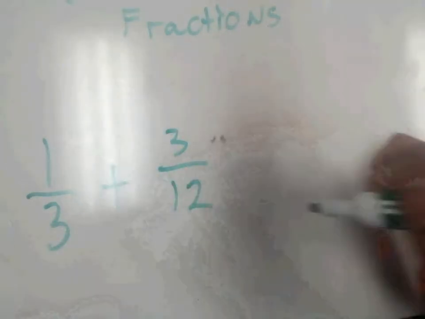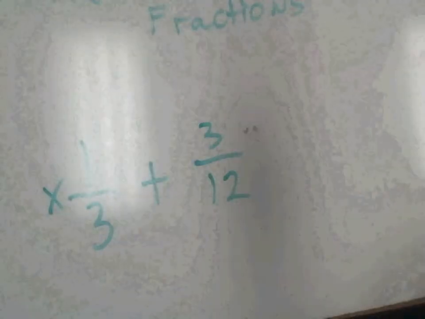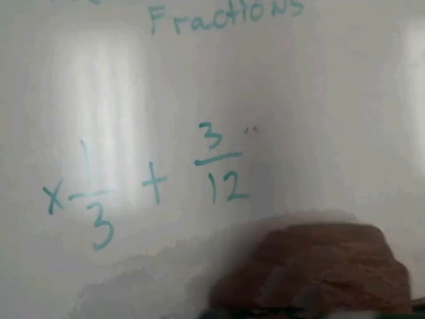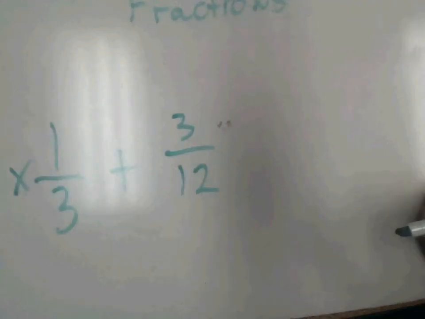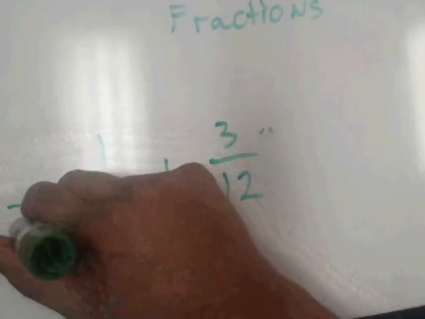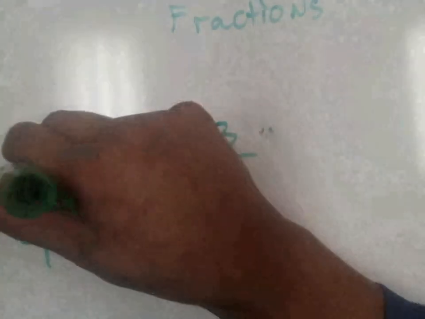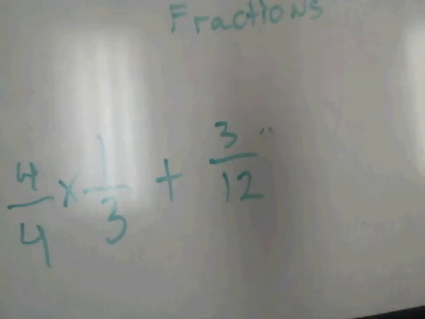Now we need to do the same thing to 1/3. So just like we did to 1/4, we need to ask ourselves, what do we need to do to get our denominator to be 12? Well, 4 times 3 is going to be 12, and just like my previous fraction, anything I do to my denominator, I have to do to my numerator. So, 4 times 1.